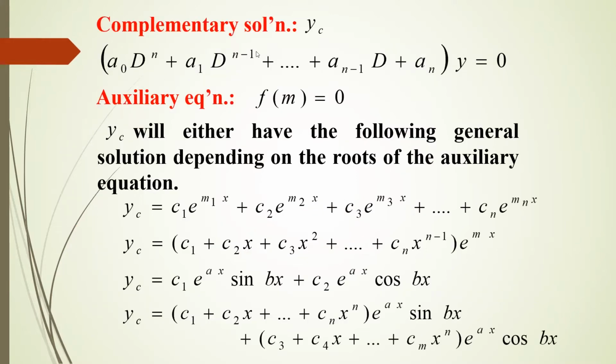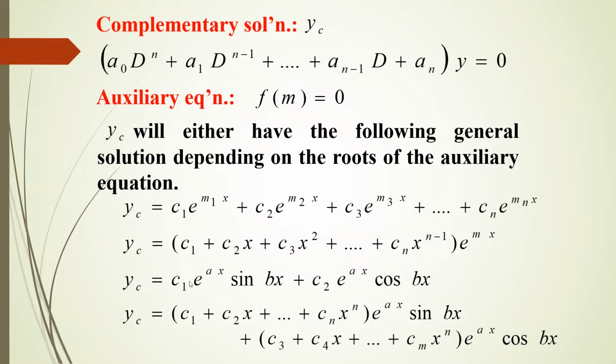If you can recall, your yc, based on the four types that we took before in the homogeneous ones, you can have either, what's the first case, guys? Real and distinct roots. The second case is real but repeating roots.